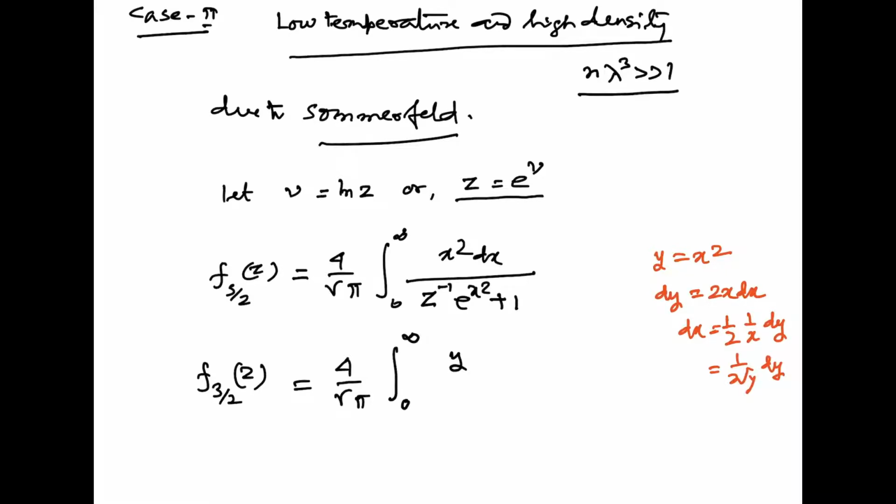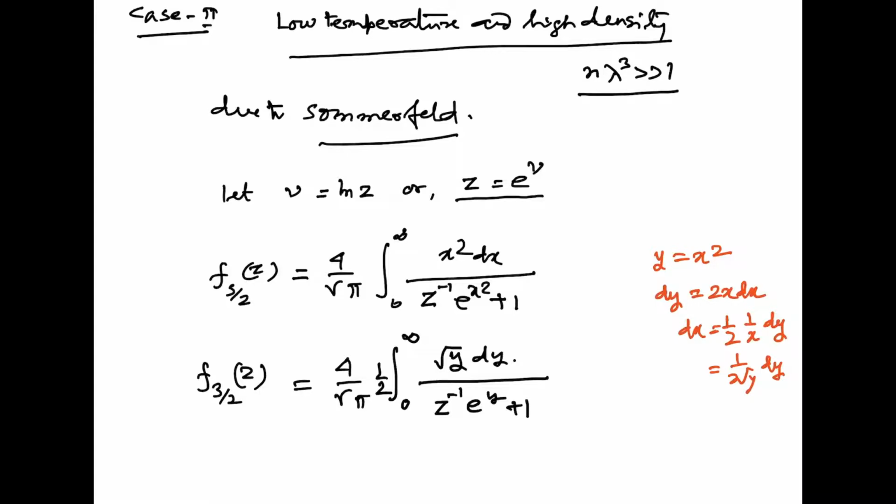So for dx we substitute here 1 by 2 root y, so we'll get root y here, dy divided by z to the power minus 1 e to the power y plus 1.